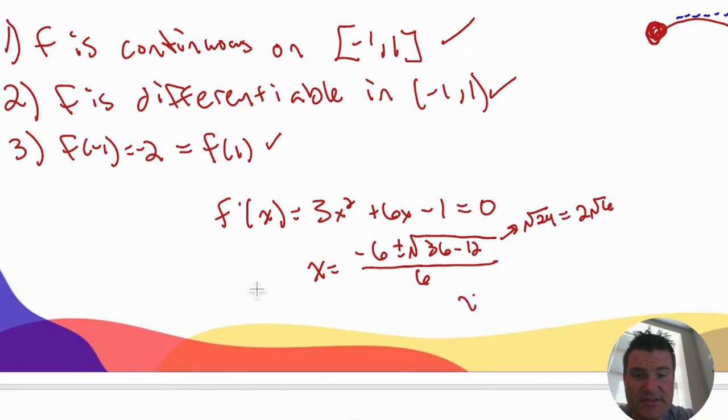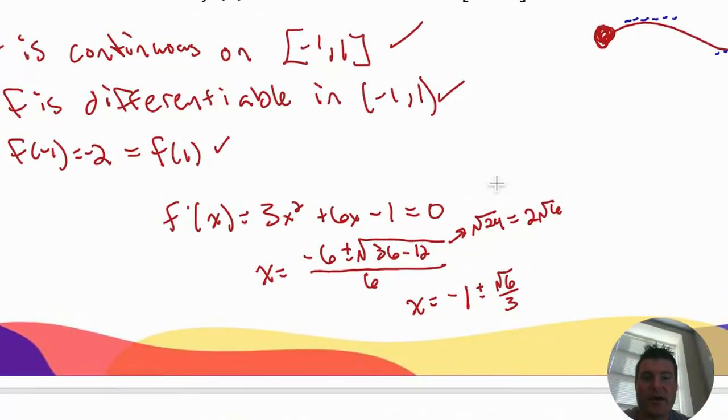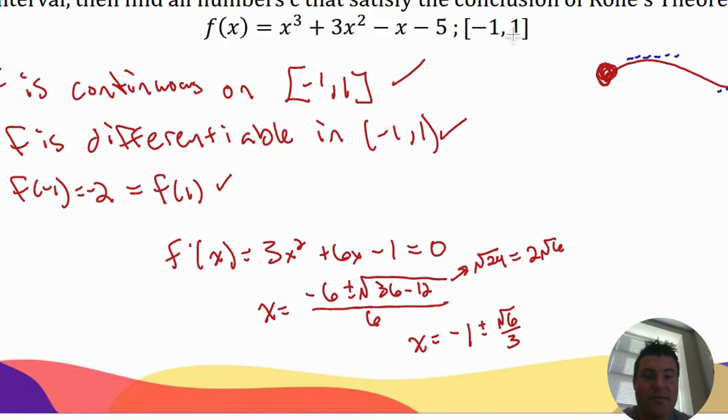So x is actually equal to -1. I'm just going to split this up into two ratios here. Well, we're at -6/6, that's just -1, plus or minus root 6 over 3. Okay? So as I go through this, you're going to see what graduates to be a c value here because we need to be inside the interval from -1 to 1.